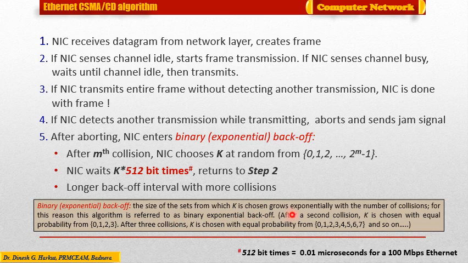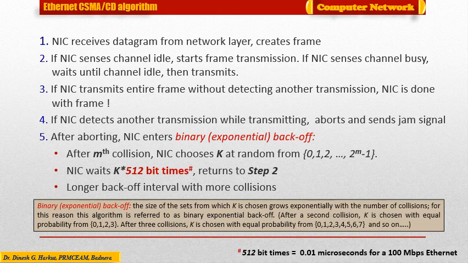For example, after a second collision, k is chosen with equal probability from the set 0, 1, 2, 3. That is 2 raised to 2, the second collision. After 3 collisions, k is chosen with equal probability from the set 0, 1, 2, 3, 4 up to 7. That is 2 raised to 3, being a third collision.